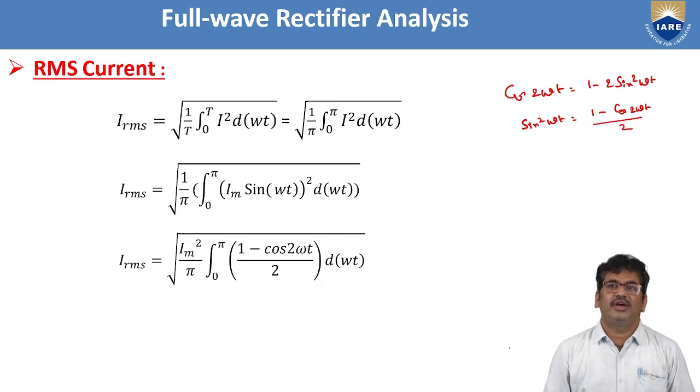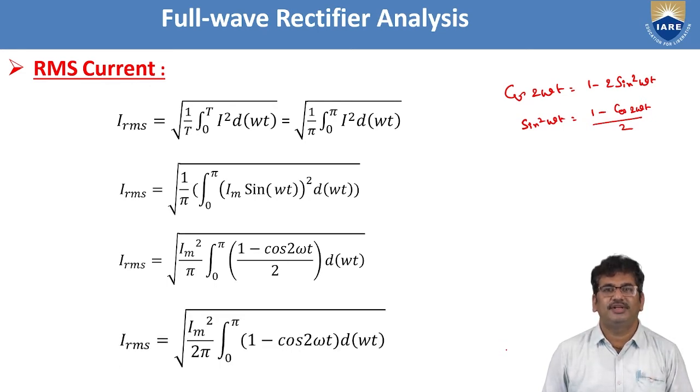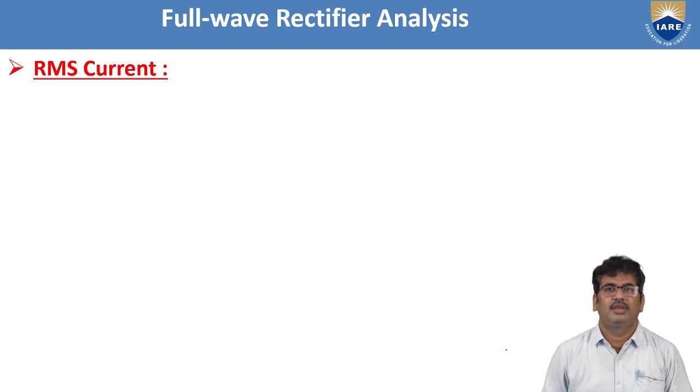Substituting this and integrating with respect to omega t in the range 0 to pi, we can rewrite this as Im square by 2 pi integral 0 to pi of 1 minus cos 2 omega t, as 2 is a constant that we are taking outside of the integral.